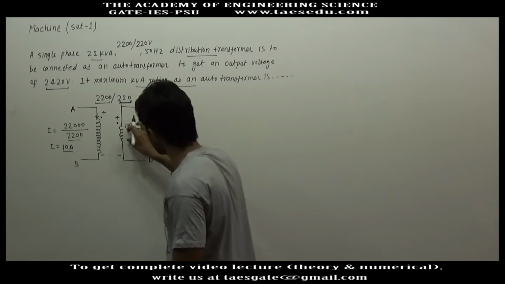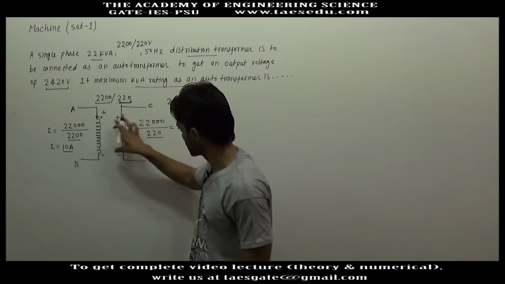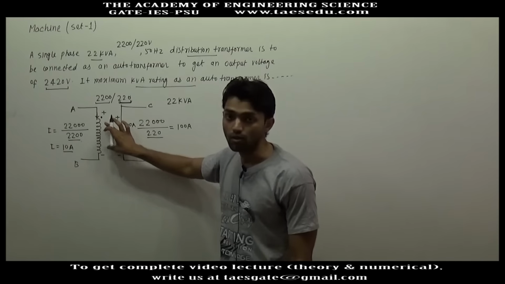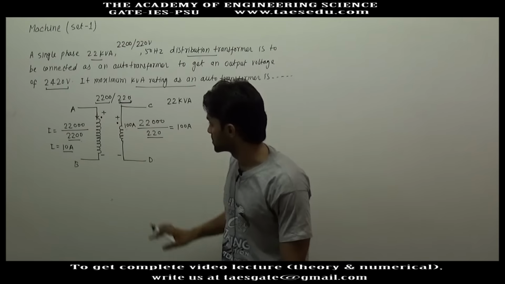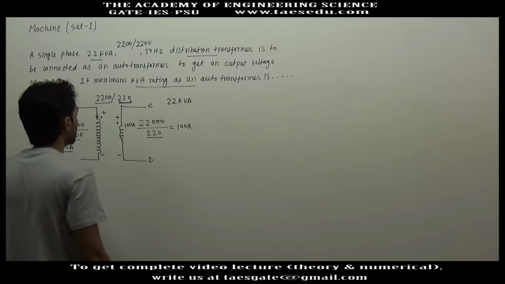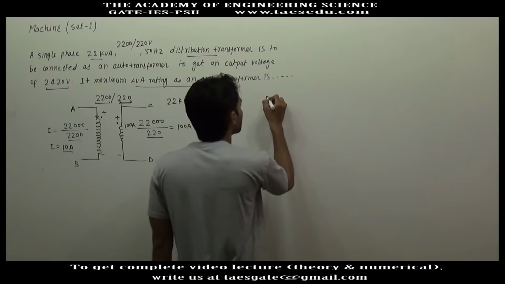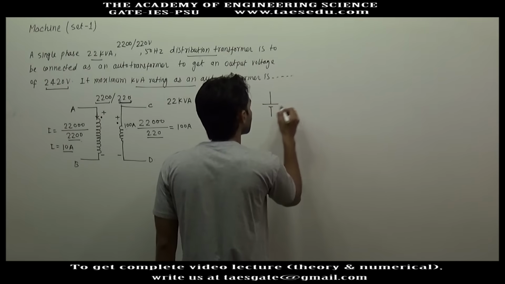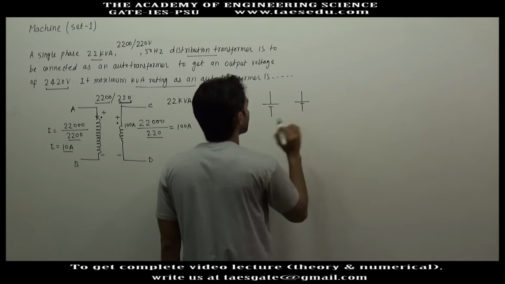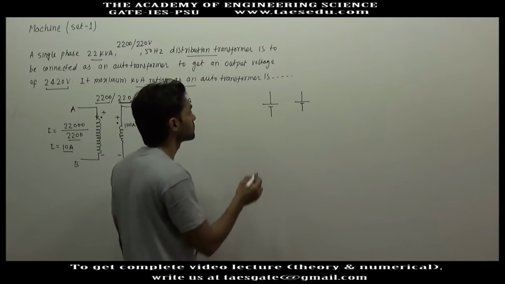These are two voltage sources. The windings can be thought of as voltage sources, and you have to get the summation of these two voltages.